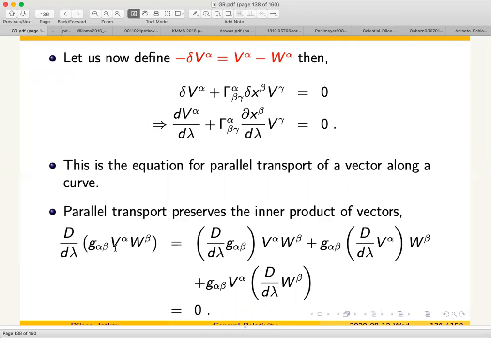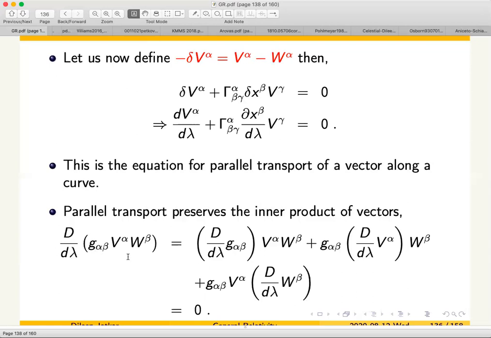Now to see that, what we need to check is what is the change in the scalar product as you parallelly transport this. That is given by the covariant derivative with respect to the parameter which defines the curve. g alpha beta v alpha w beta is the inner product between v and w.